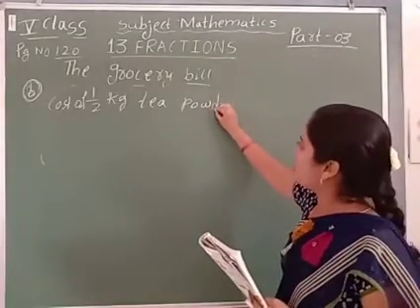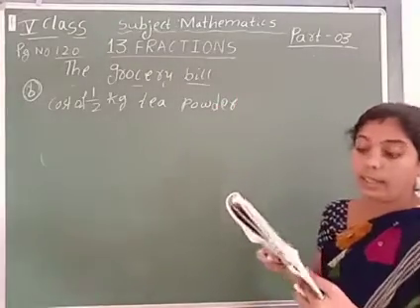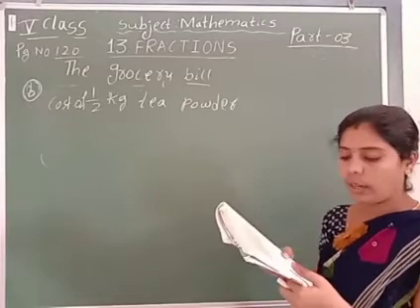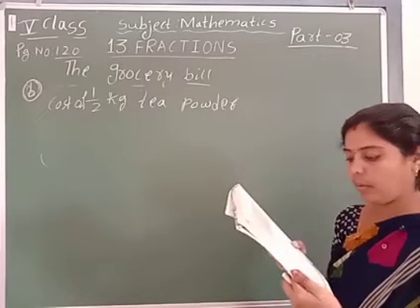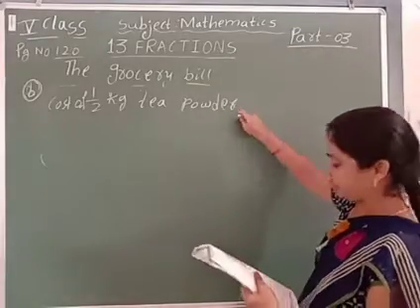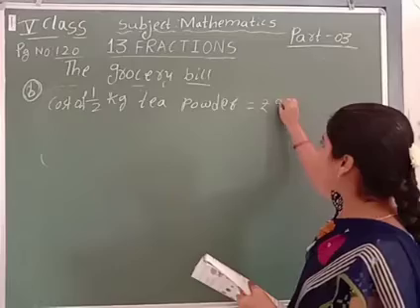There is a question asking how much her grocery bill will be. Whatever answers come for the 1st, 2nd, 3rd to 6th problems, you will add them to get the total. So half kg tea powder costs 90 rupees.